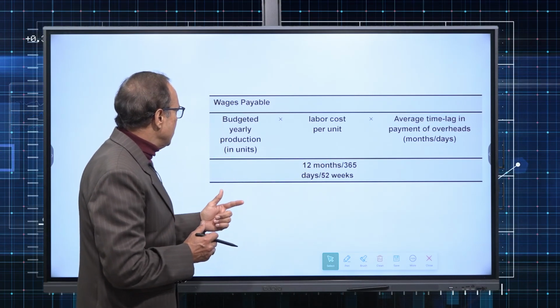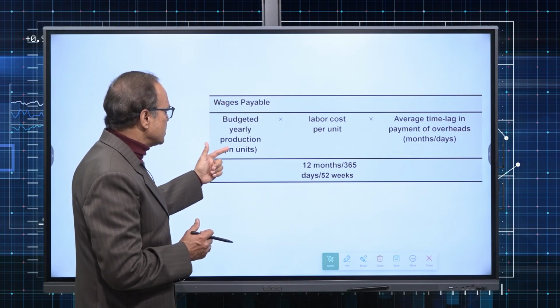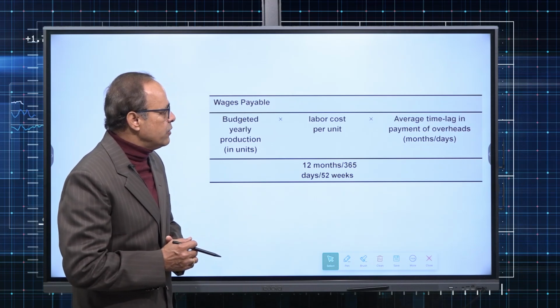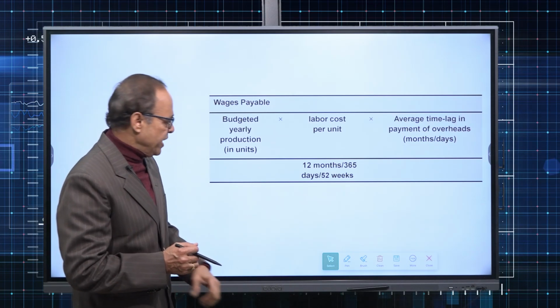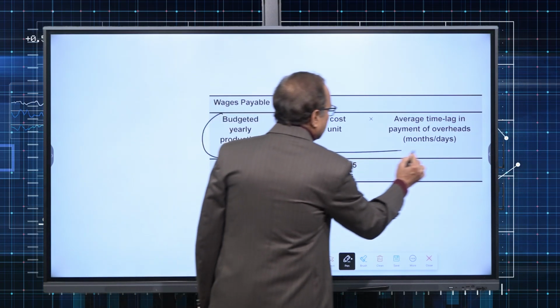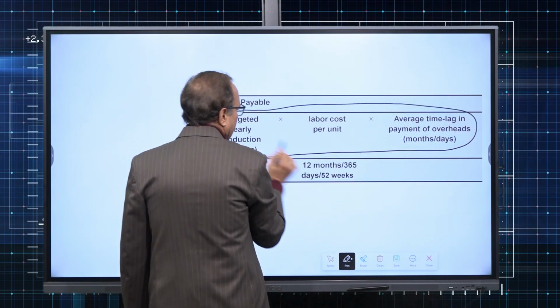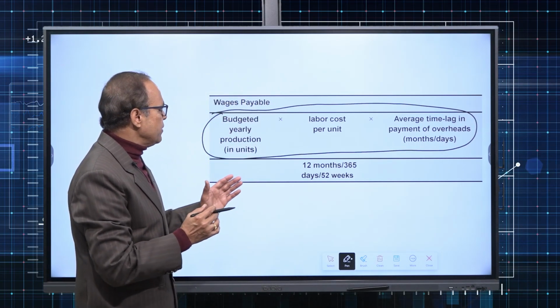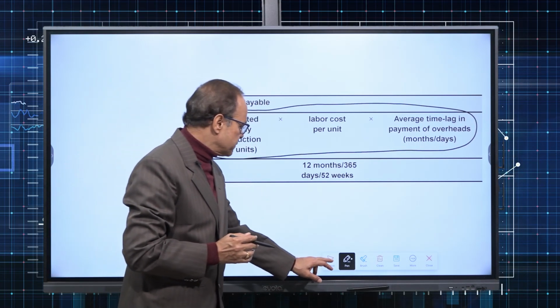So lag will be given. So: budgeted yearly production times labor cost per unit multiplied by average time lag in payment of overheads, and again I am telling, the whole of this will be divided by the relevant factor 12, 365 or 52. That is the way we will get wages payable.